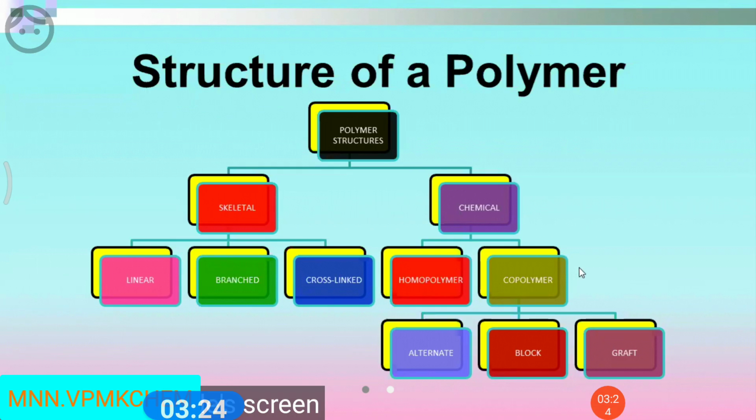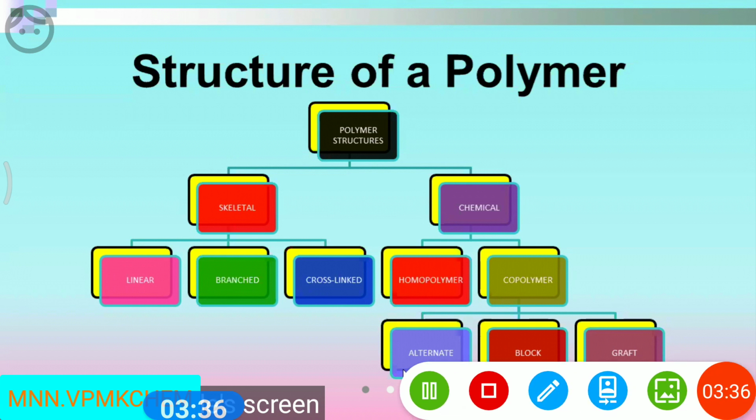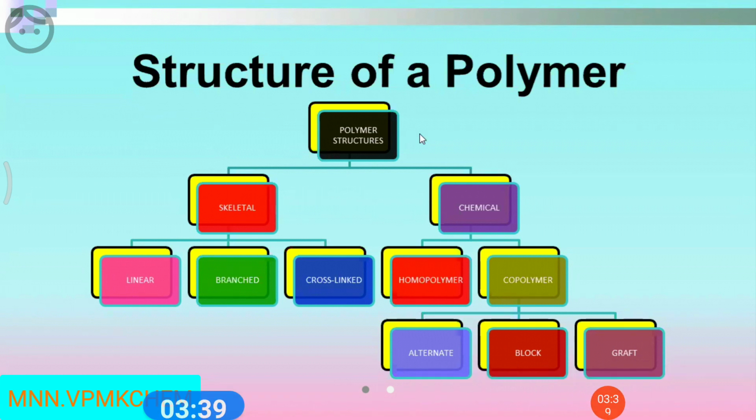Copolymer is again further subdivided into three types: alternate copolymer, block copolymer, and graft copolymer. Now let's discuss one by one in detail.